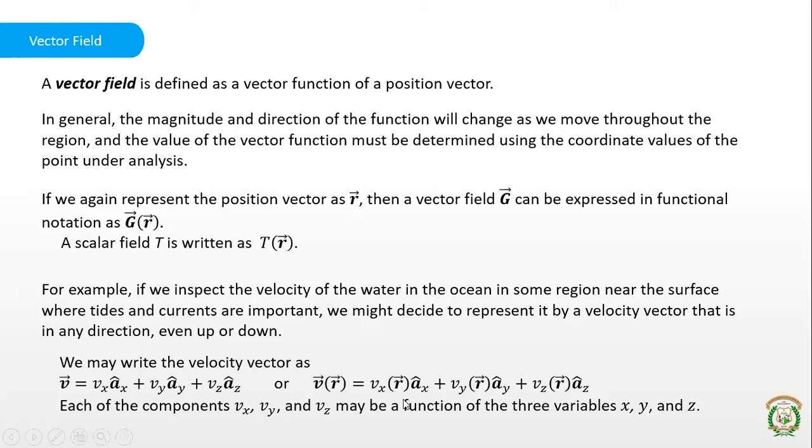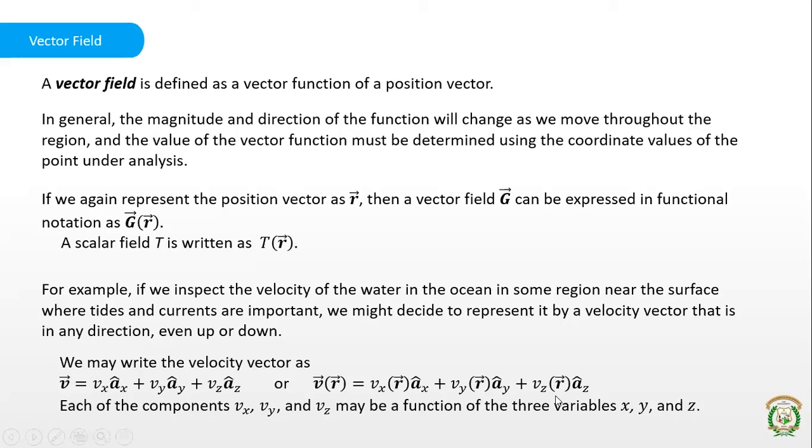So it is a function of the three variables x, y, and z. That's why we treat vx as a function of r, vy as a function of r, and similarly vz as a function of r.